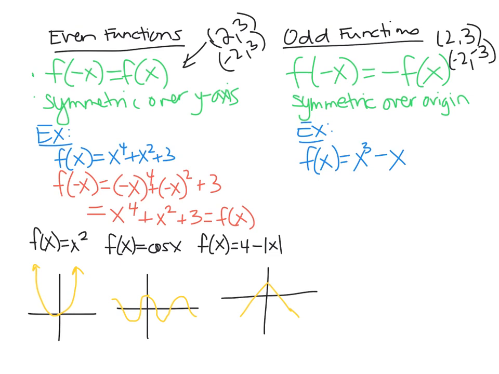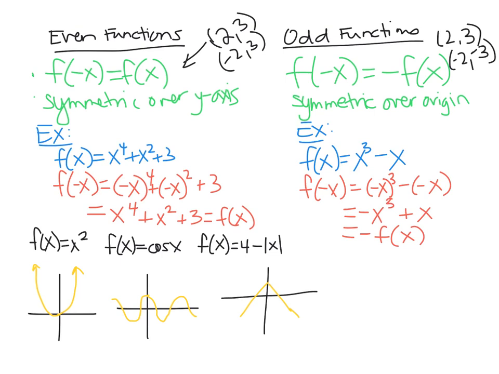But with this example that we have right here, if you were to substitute in a negative value for your x, what would happen is that a negative to the third is still going to be a negative. Negative times a negative here is a positive. Actually, what you might notice is that everything from the initial function changed signs. So this is the exact opposite of your starting function.